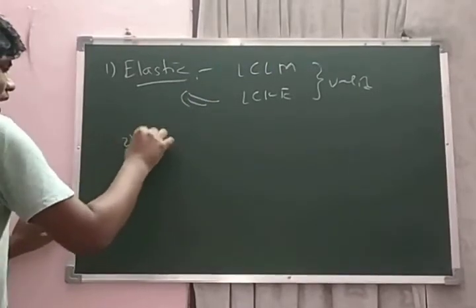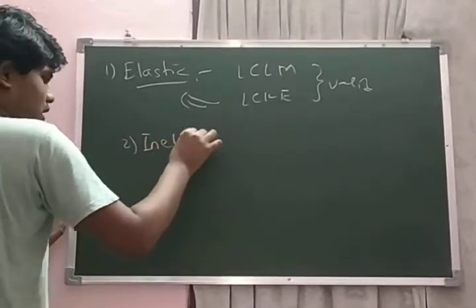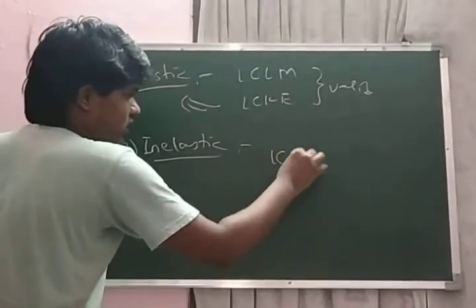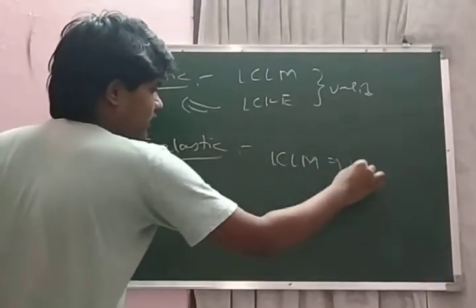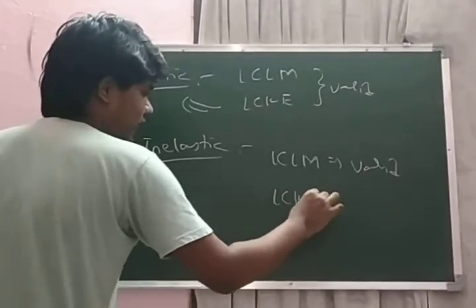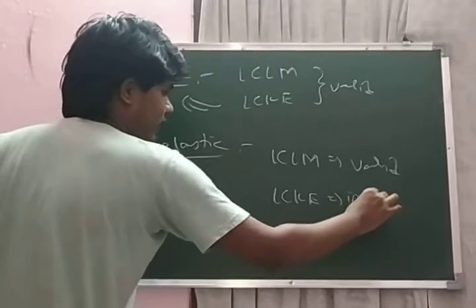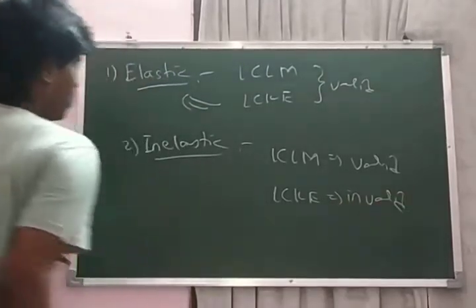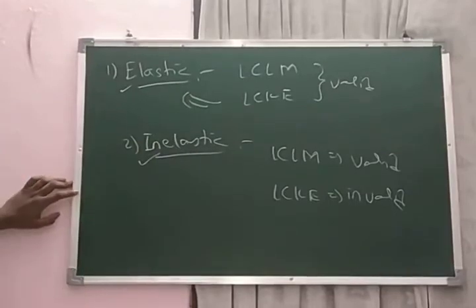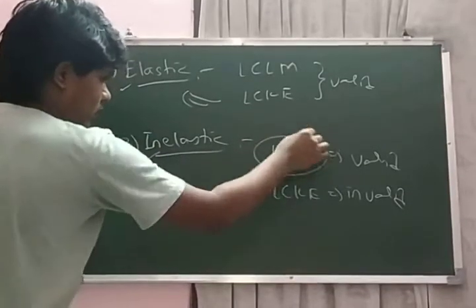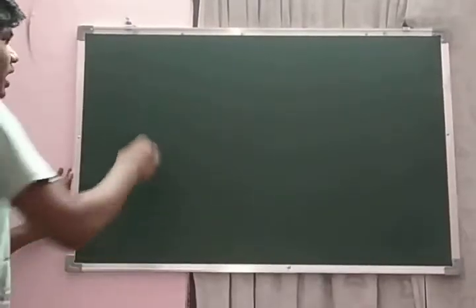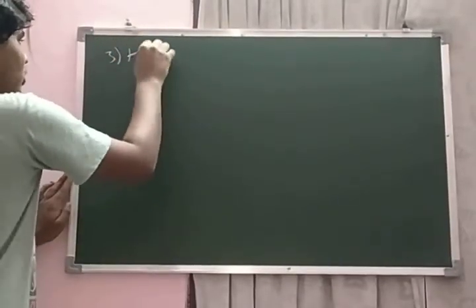But in an inelastic collision, the law of conservation of linear momentum is valid, whereas the law of conservation of kinetic energy is invalid. So we can differentiate between elastic and inelastic collisions based upon the law of conservation of linear momentum and the law of conservation of kinetic energy.